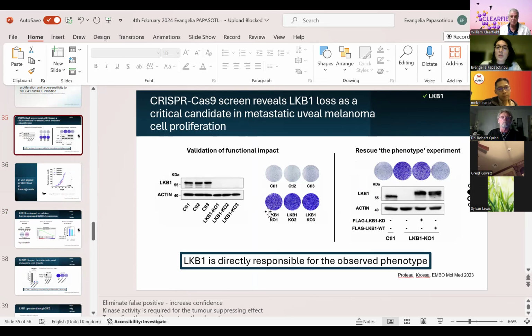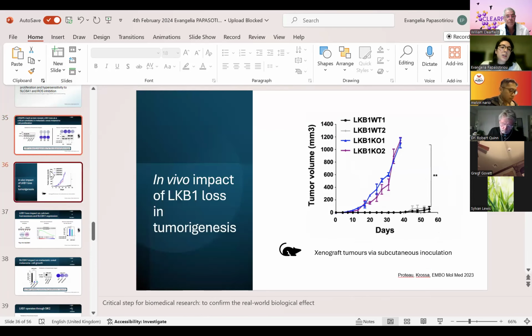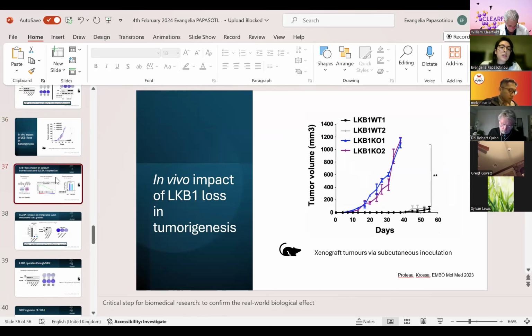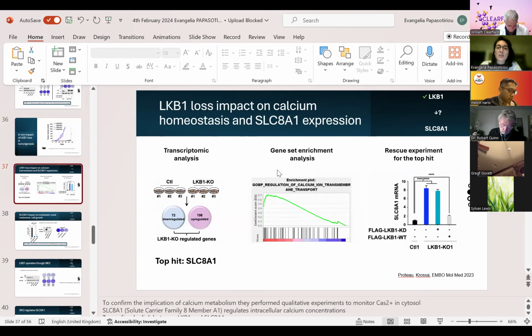We don't want a tumor that has lost its LKB1, because if it has lost it, we see a higher proliferation capacity.